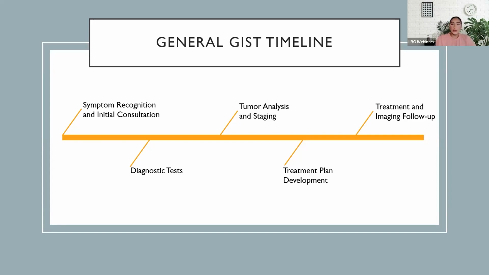The third portion, which is the tumor analysis and staging, is when once the tumor is obtained, the tumor will then be analyzed to determine what kind of cancer it is and the mitotic rate. So at this point, this is where a GIST would be confirmed and diagnosed. At this point as well, with the mitotic rate, it also lets us know the staging of the disease.